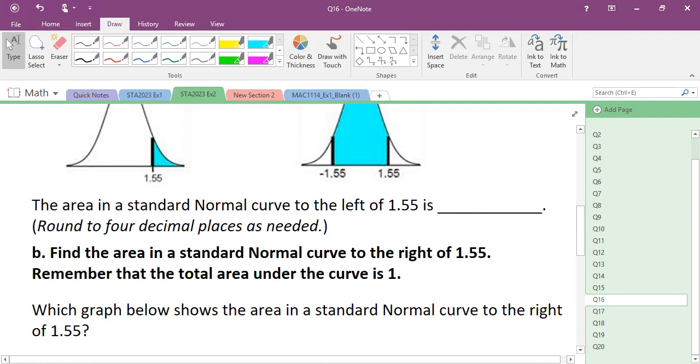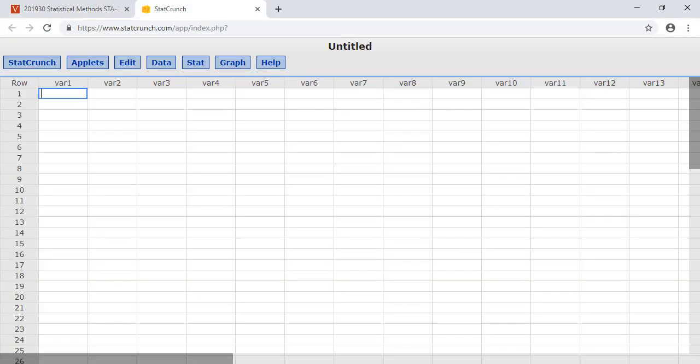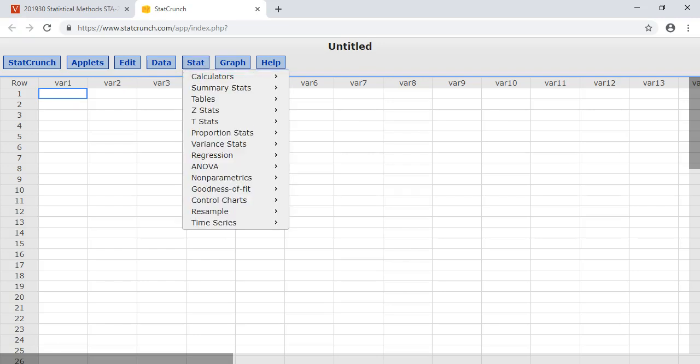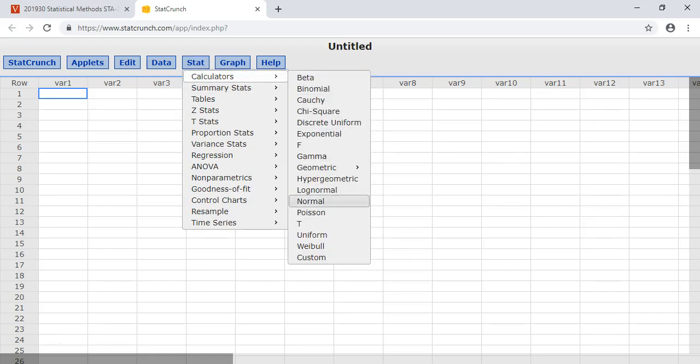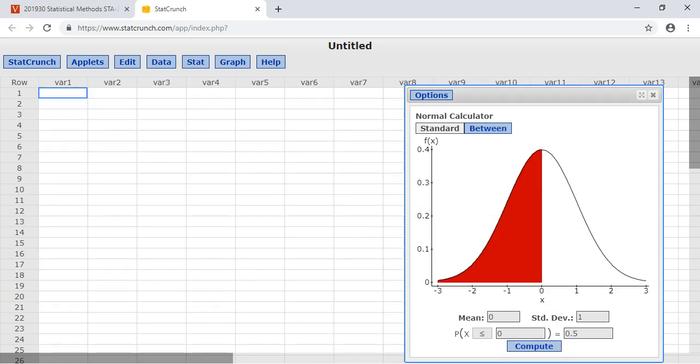If we go into StatCrunch, how do we start to find that normal curve? Stat, Calculations, Normal. Okay, what do I have to start putting in?